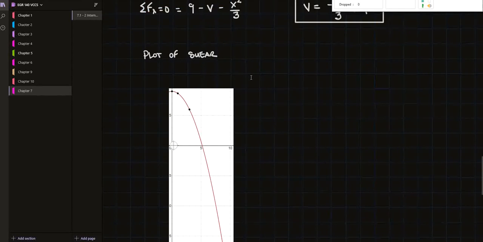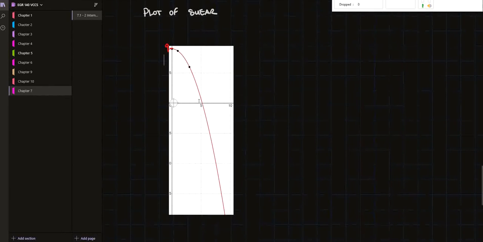Now if I stick that in a plotting program, I use Mathway here, you can see that at 0 this is 9. Let's use a bright color. At 0 this is a value of 9, and then we cross the value of shear. So this is our shear diagram.